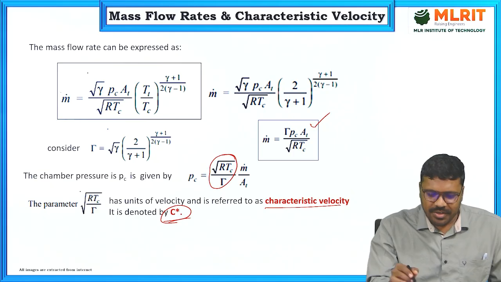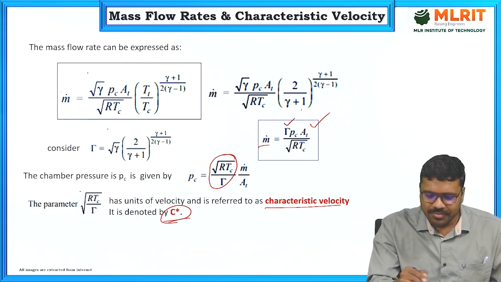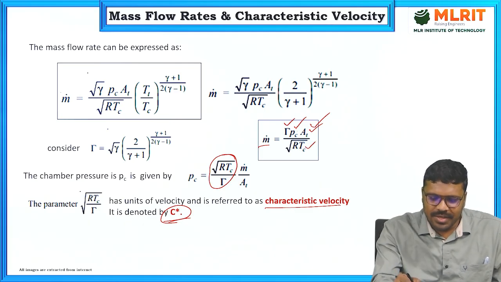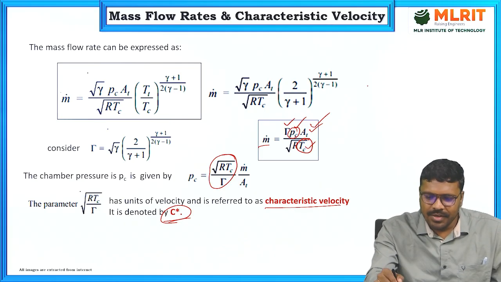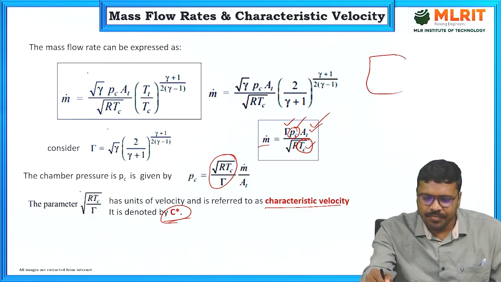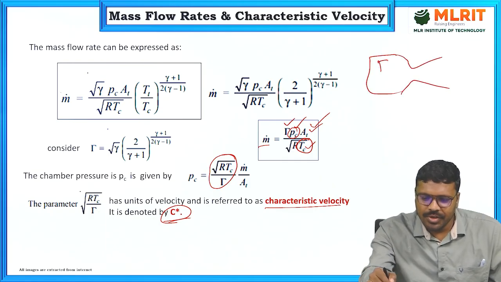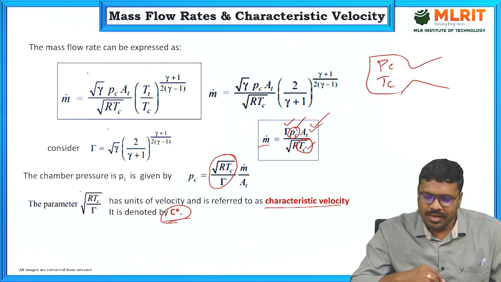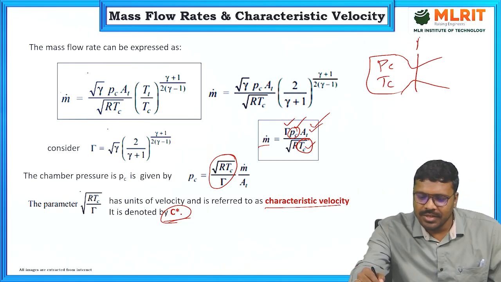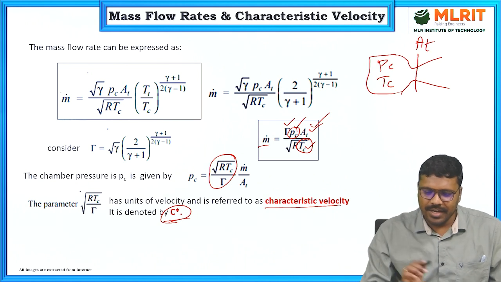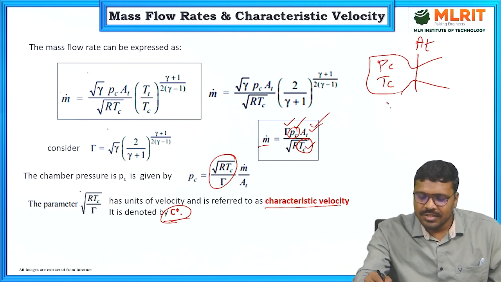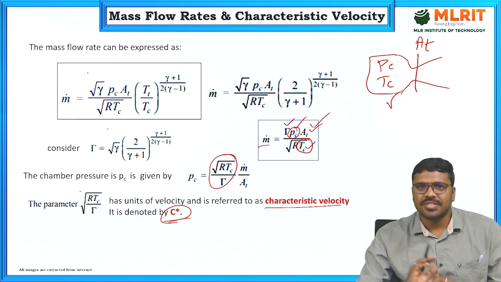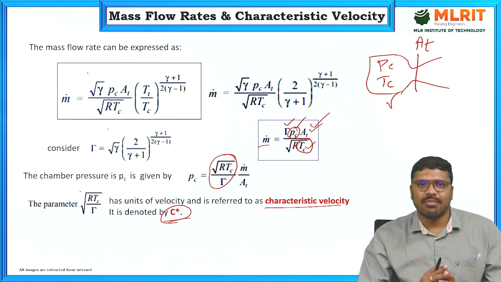Okay, if you observe this, m dot has parameters, one is in terms of gamma, and this is chamber pressure, area at the throat, and temperature in the combustion chamber. Okay, pressure in the chamber, temperature in the chamber. Okay, if I write the combustion chamber, so we should know the pressure in the chamber, and we should know the temperature in the chamber, and one more thing is we should know the area of the throat, AT, and gamma, specific heat ratio of the gases which are the products of combustion.